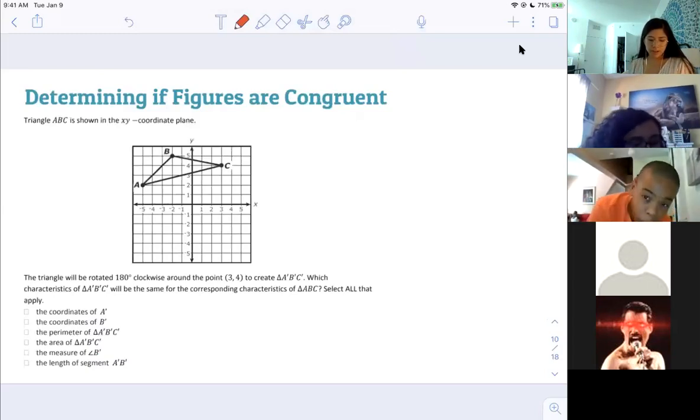Triangle ABC is shown in the XY coordinate plane. The triangle will be rotated 180 degrees clockwise around the point 3, 4 to create triangle A prime, B prime, C prime. Which characteristics of A prime, B prime, C prime will be the same for the corresponding characteristics of A, B, C? Select all that apply.